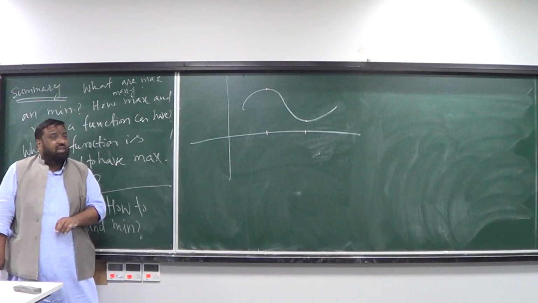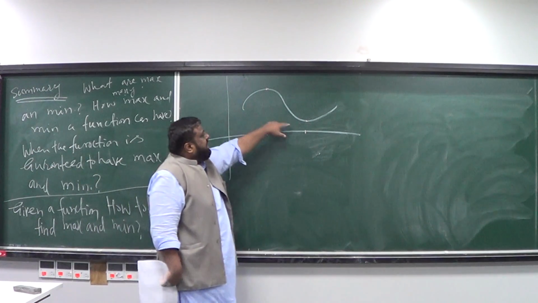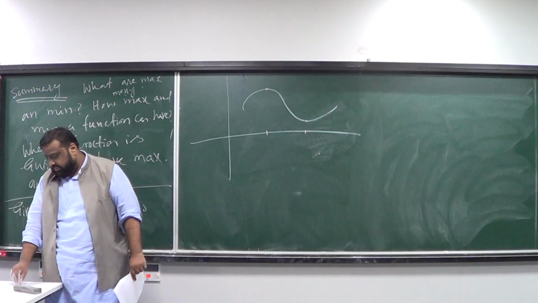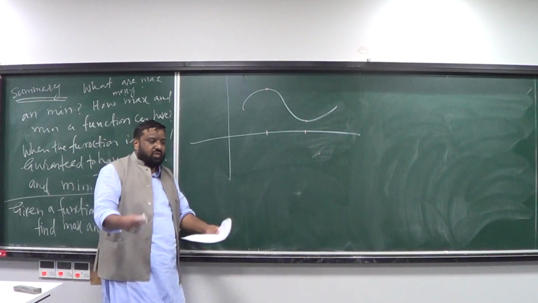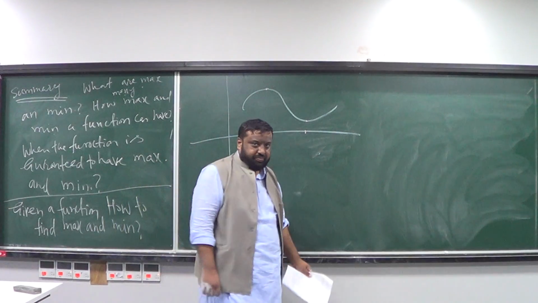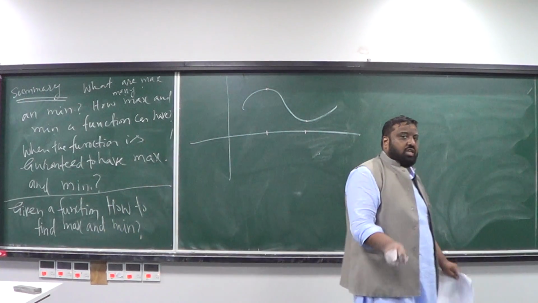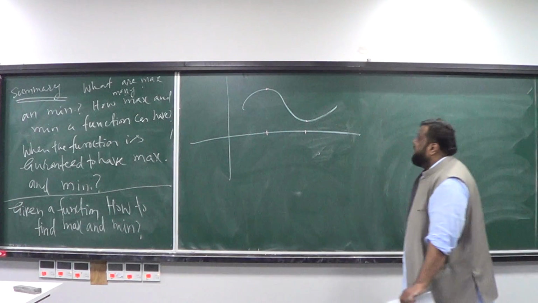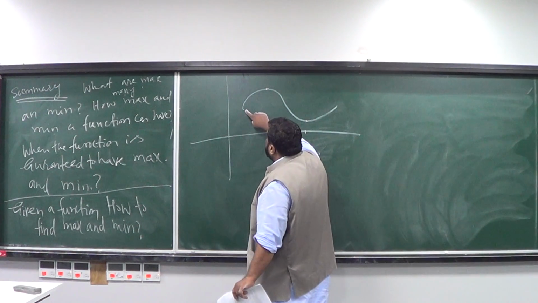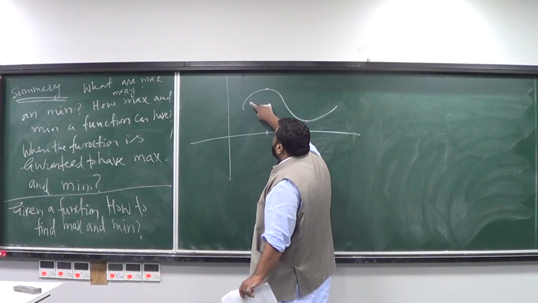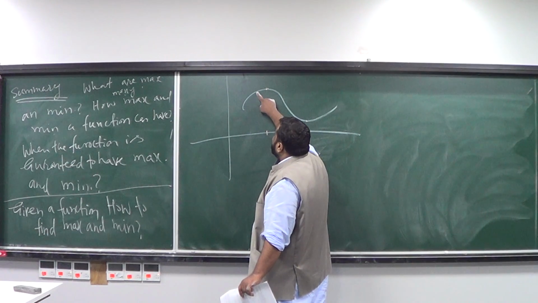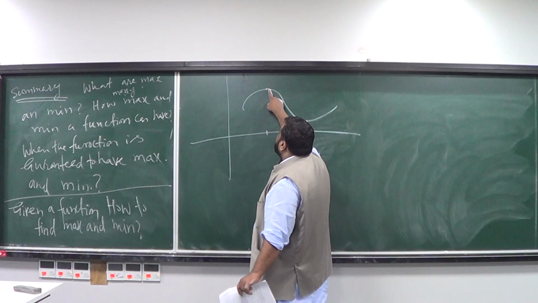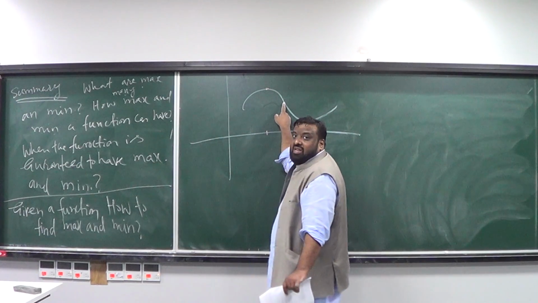Why is this point maximum and this is minimum? Why are these 2 special points? So pause the video for a second and think about it. If you have thought about it, one thing that is common in both is that the curve was increasing first, and after that the curve started decreasing actually.